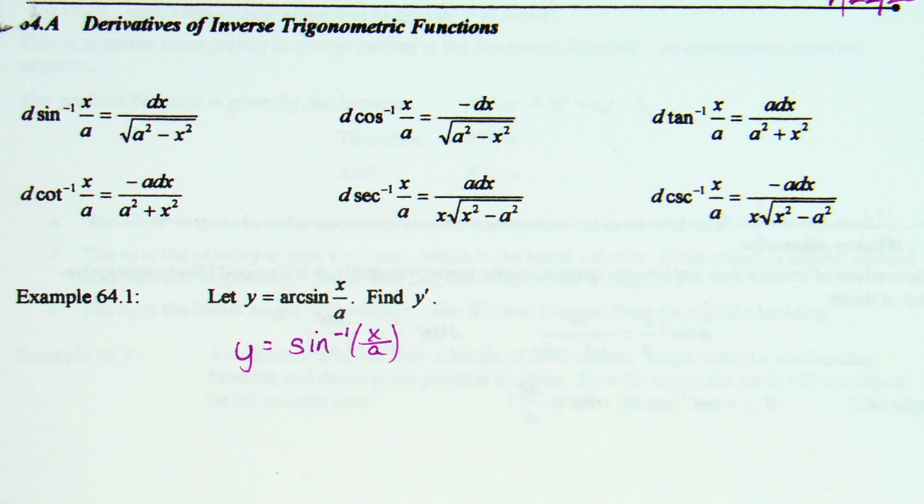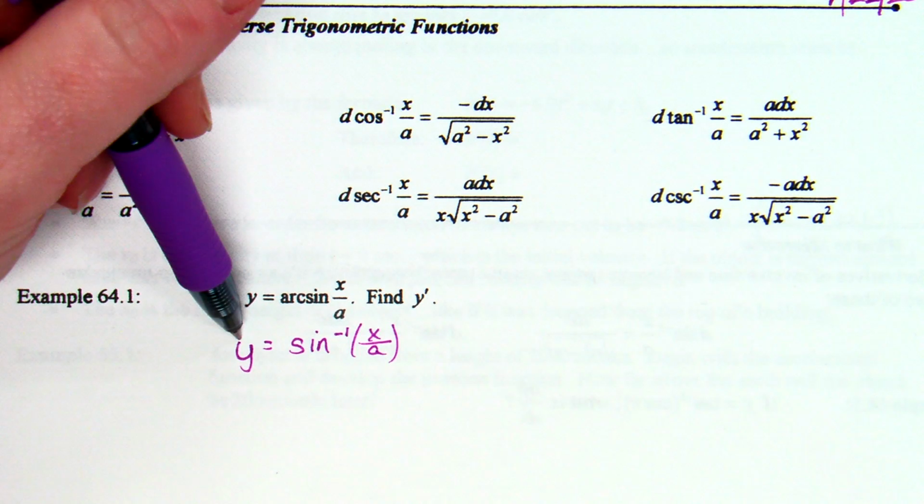So here, if we have sine inverse, how do you get over to sine? You're going to switch the pieces. And that's what I'm trying to suggest here. If we have y equals sine inverse of x over a, and you flip them and get it out of sine inverse, we're going to say the sine of y equals x over a.